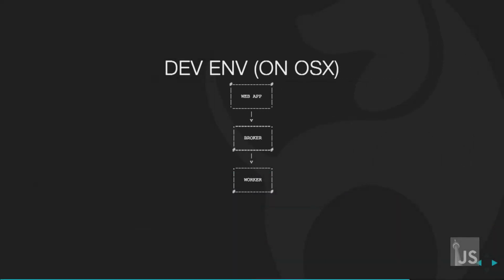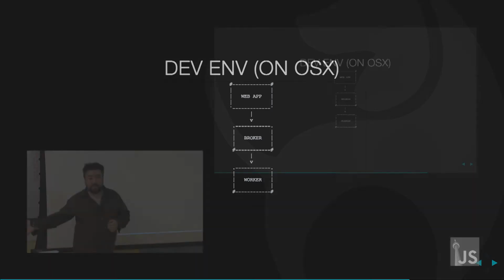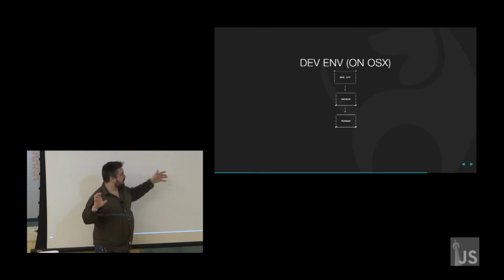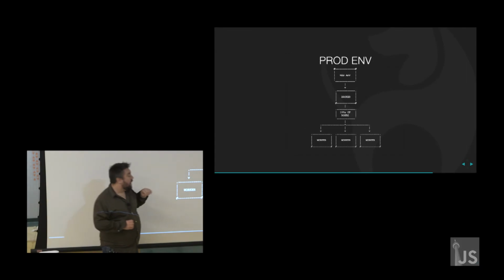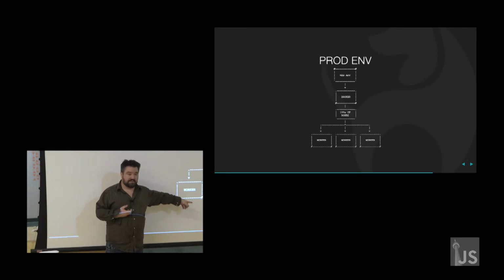Our dev environment up until that point was on our laptops, on maybe an Ubuntu machine we had. So we'd fire up our web app. We had this little broker process that would handle a bunch of stuff. We'd fire up our workers, one for every core, so we're distributed. It worked really well. But in production, a bunch of web apps, a bunch of brokers, hundreds of machines running hundreds of worker processes.